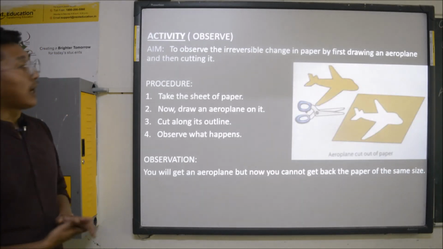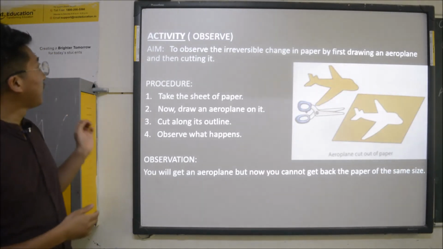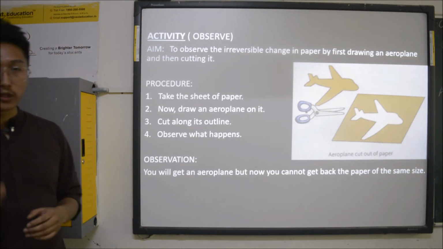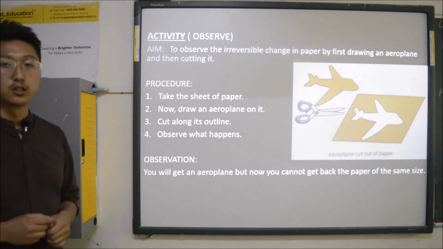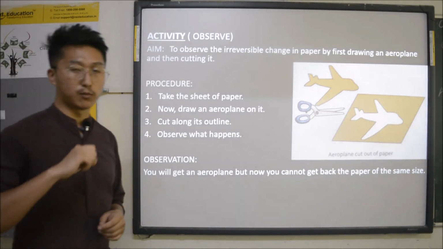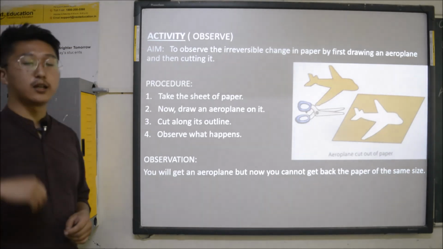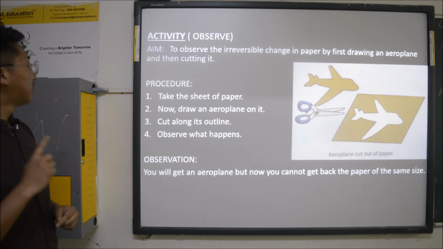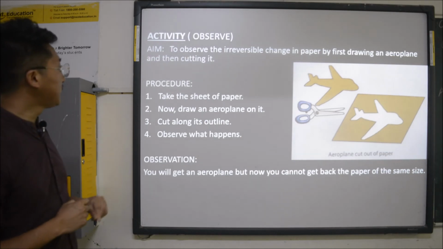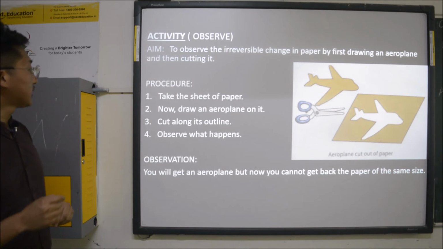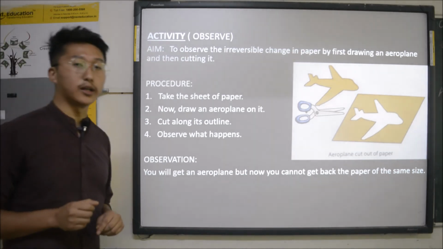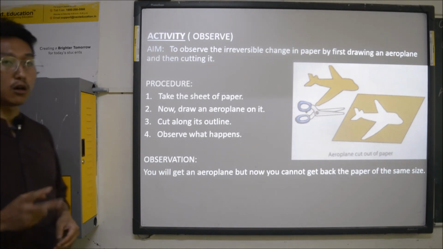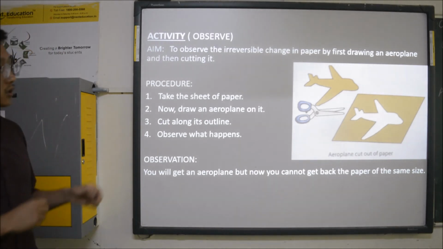Okay, there is another activity. The aim of that activity is to observe irreversible change in paper by first drawing an aeroplane and then cutting it. The procedure: the first step is we take a sheet of paper, in the second step we draw an aeroplane on it, and in the third step we cut along its outline, like in the diagram.